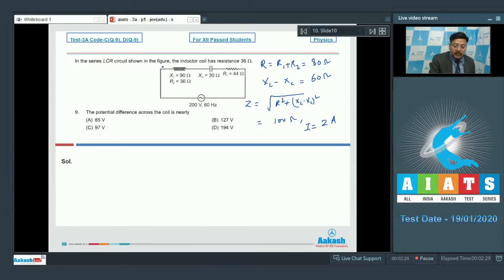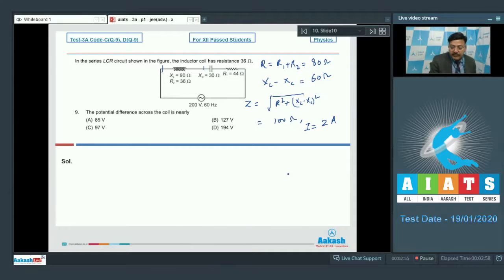Okay, now to find potential difference across the coil, let us draw a phasor diagram for the current and voltages, right? Because there are 2 types of potential drop across the coil, one across the resistance and one across the inductance.